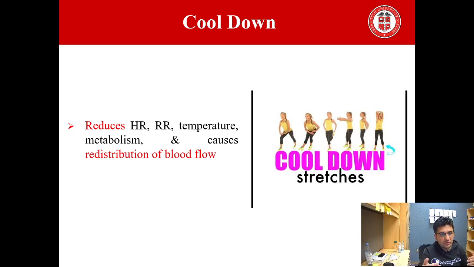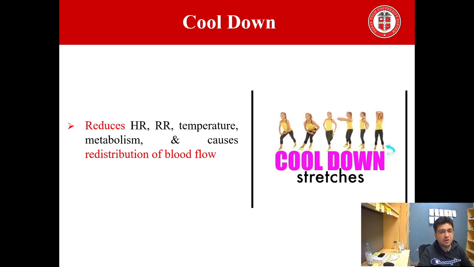And that is why if you avoid cool down stretches or cool down after exercise, many times people will pass out because immediately their body relaxes. There is not enough amount of blood in the head and neck.